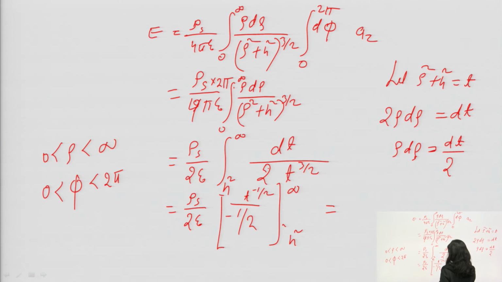Further simplification will give rho s by epsilon, and here we will get 1 by infinity will be 0, further minus 1 by h.